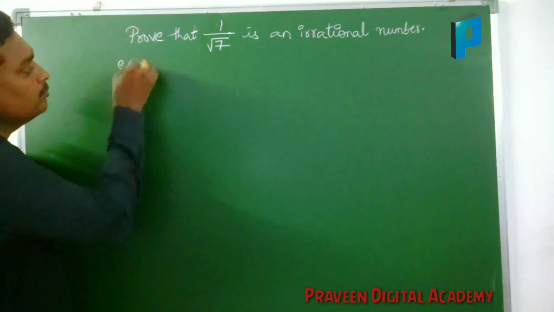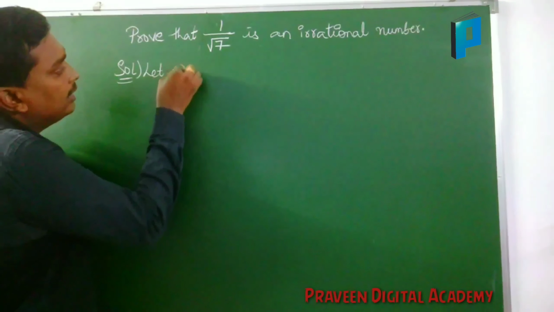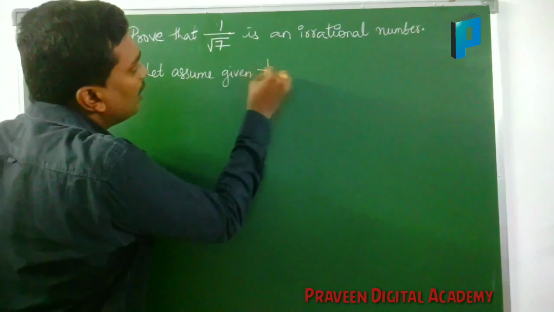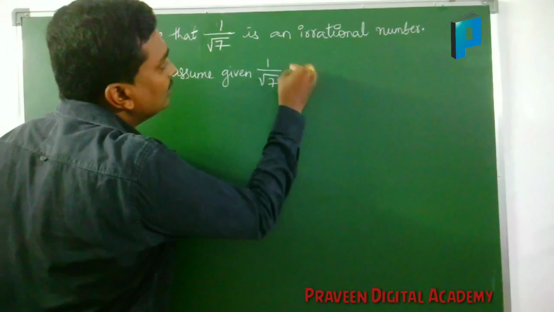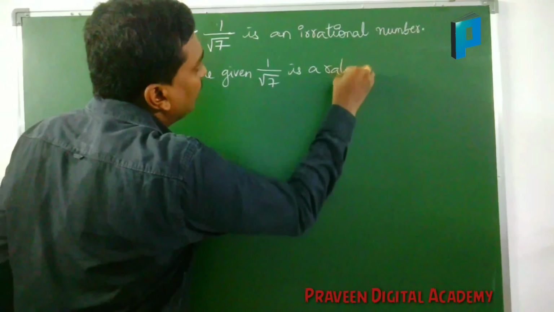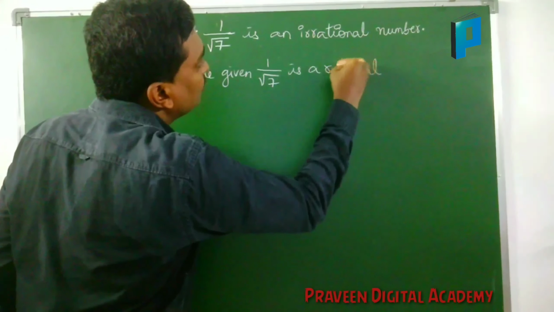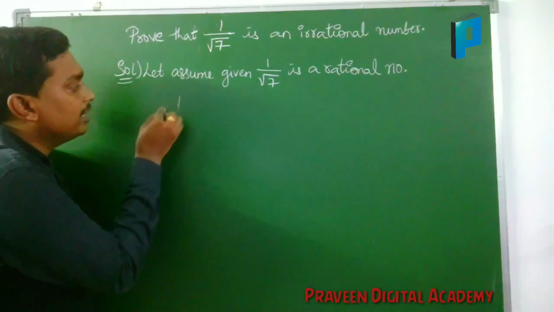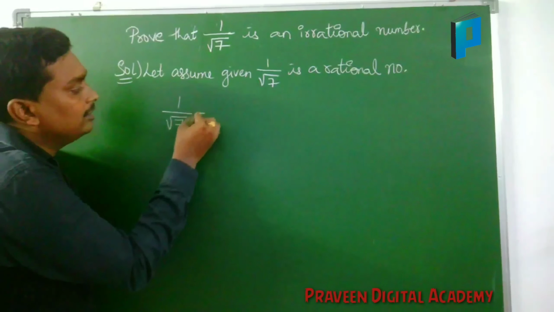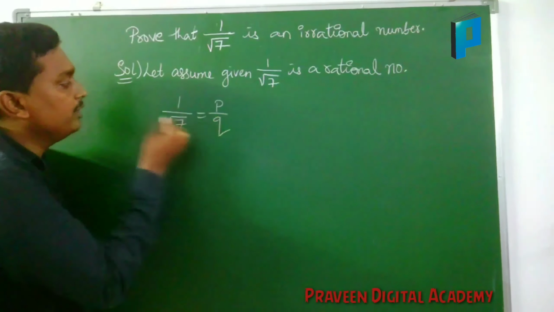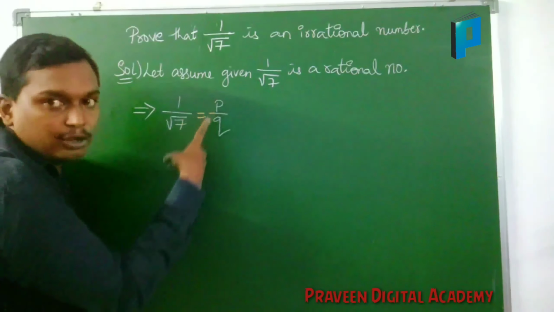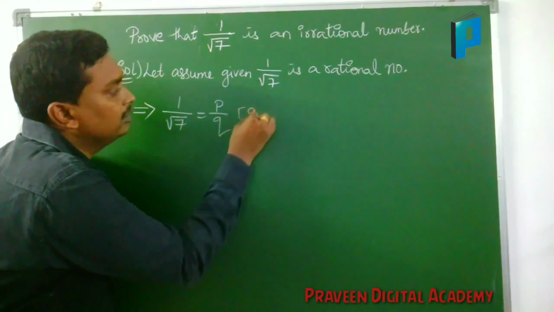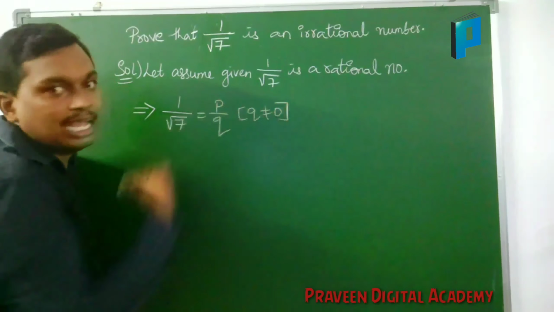Let us assume the given 1 by root 7 is a rational number. What is a rational number here? 1 by root 7 is equal to p by q, where p, q are integers and q not equal to 0.